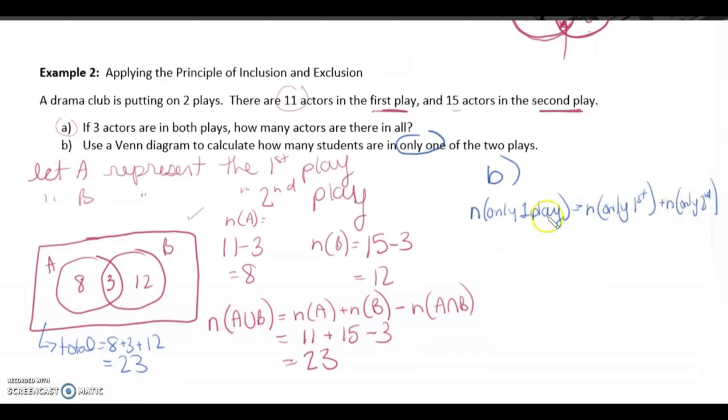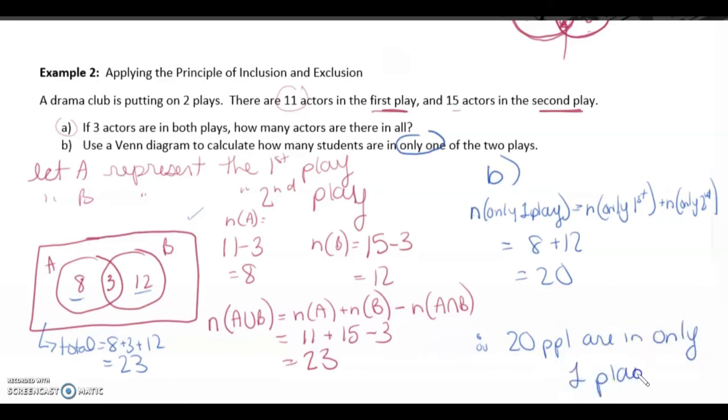You can also write it out like that, and that's totally proper notation. Only the first would be 8, only the second would be 12, so that's 20 people. So 20 people, PPL, are in only one play.